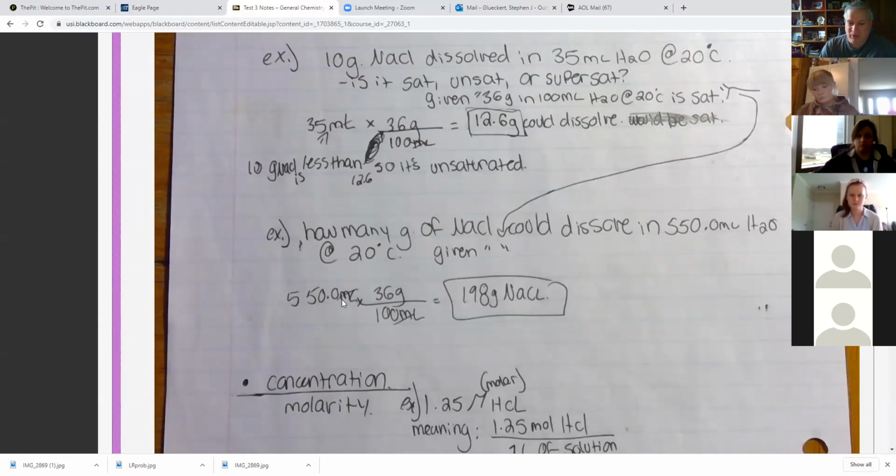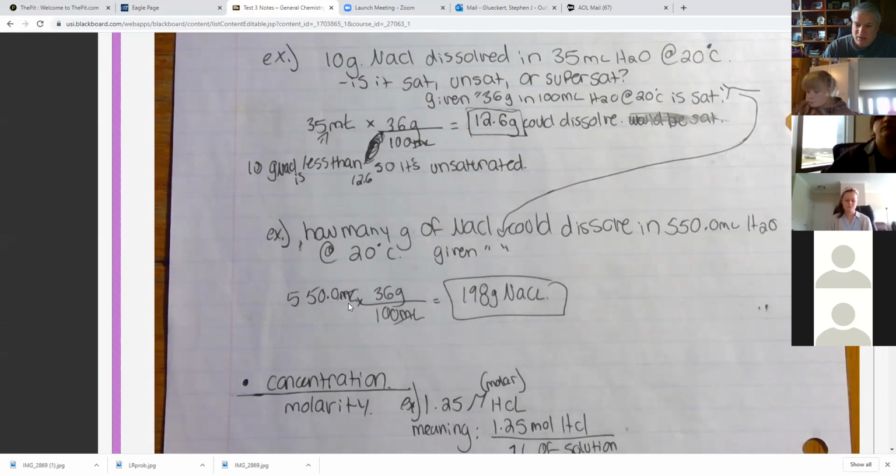I know 36 grams dissolves per 100 milliliters, so multiplying that out for my 550 milliliters, I get 198 grams could dissolve. And if you got 198 grams of sodium chloride to dissolve in your 550 milliliters of water, what would you tell me about that?